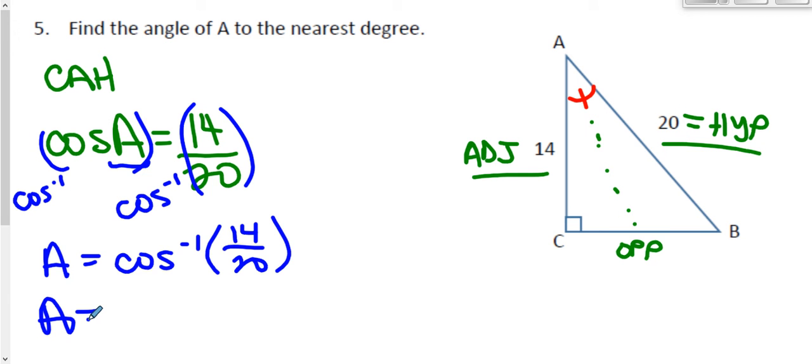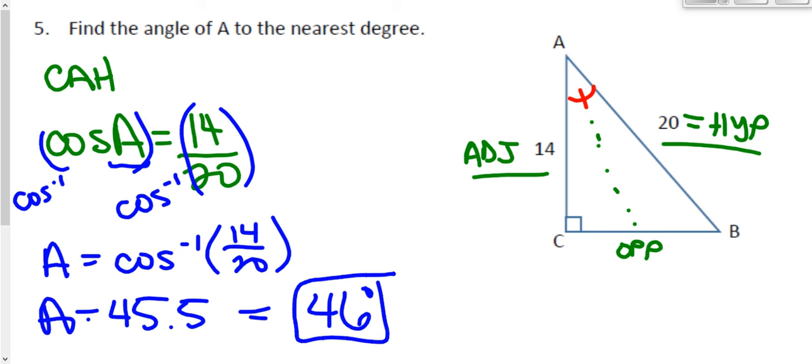Looks like inverse cosine of A is 45.5, and we're going to be rounding that to the nearest degree, so it's going to be 46 degrees. That one's all done. Let's try one more question like this.